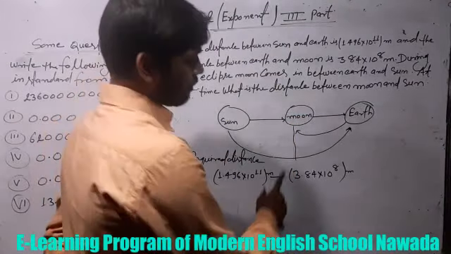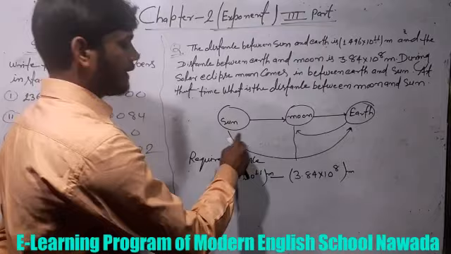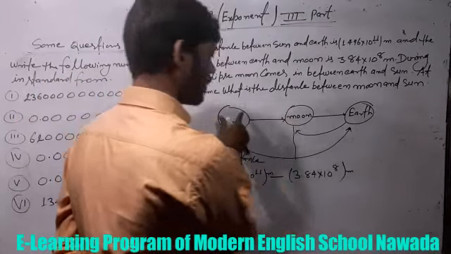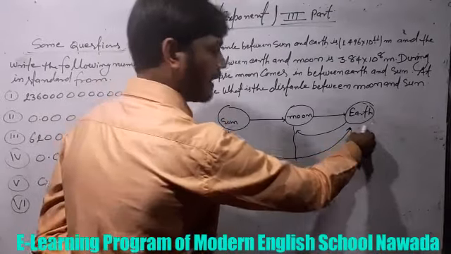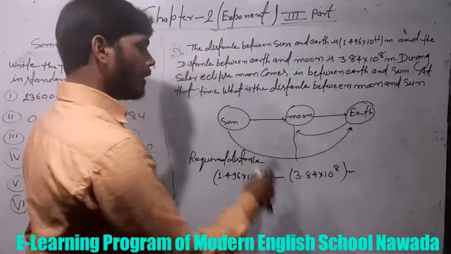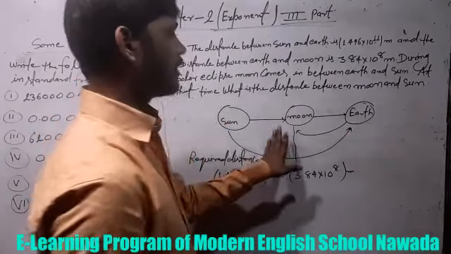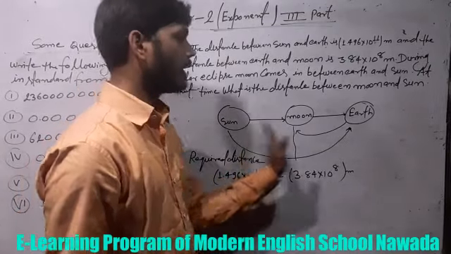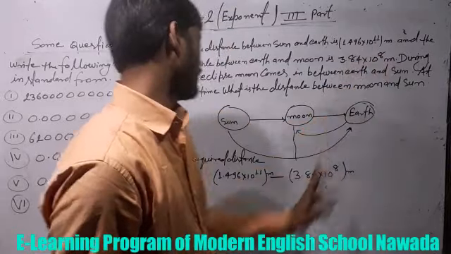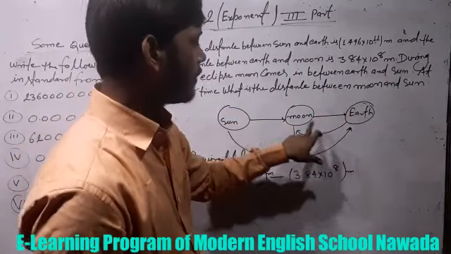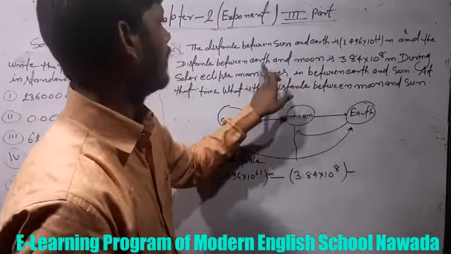So suppose here first is given the distance between Sun and Earth. Here Sun, Moon and Earth. This is the situation of a solar eclipse. Here is the distance between Sun and Earth, and here is the distance between Earth and Moon.